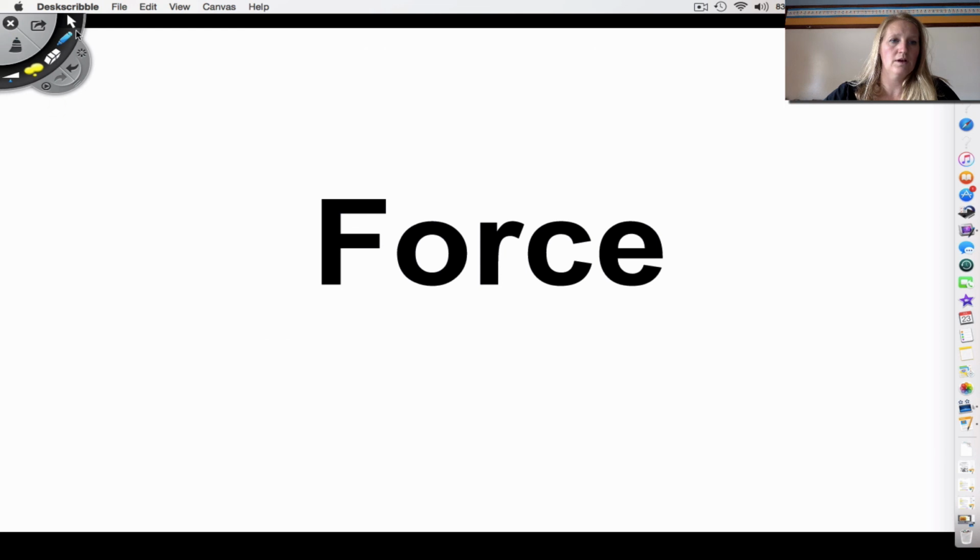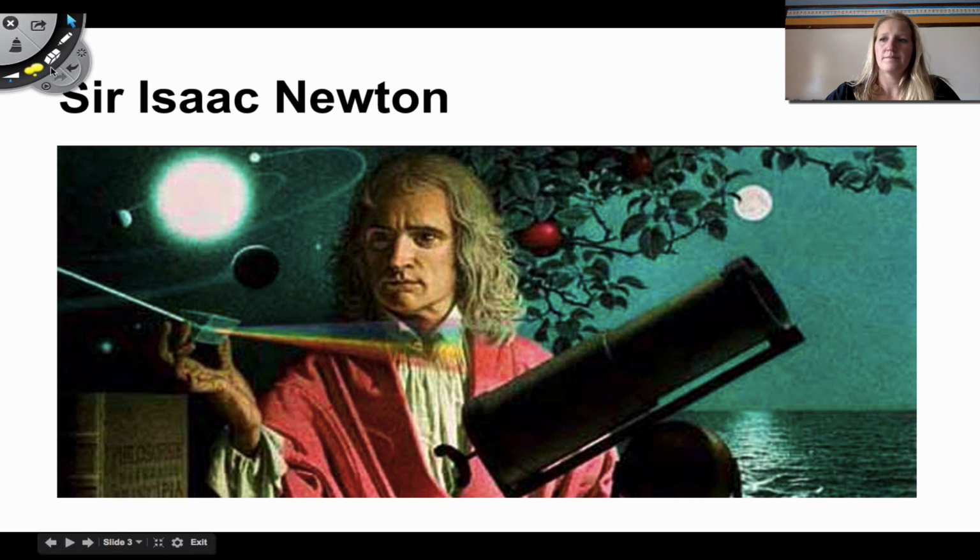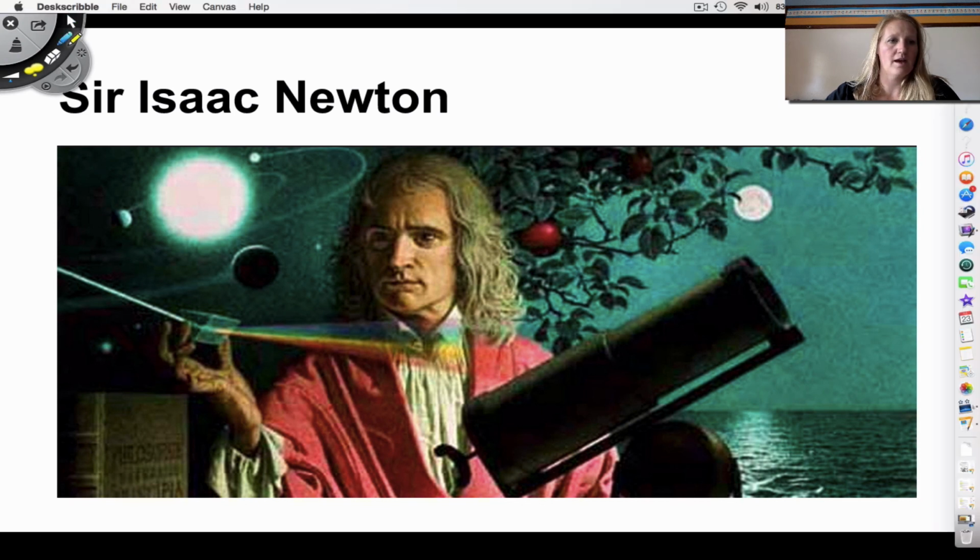So how do we describe it? Sir Isaac Newton was the one that helped us discover this idea. He was able to put it into words, and so we honor him by having the SI unit of force be the newton. We use a lowercase to say what a newton is, but the actual letter is a capital N. A lowercase n represents moles, which is something else.